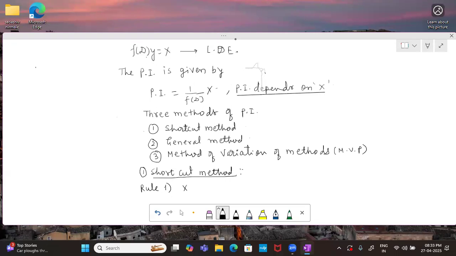Let us suppose capital X is e raised to x. Do you know the name of this function? This e raised to x is called an exponential function, with base e. This is an exponential function.